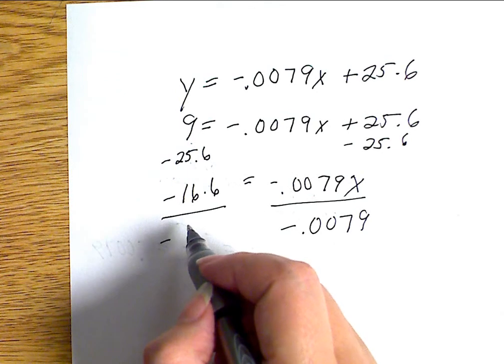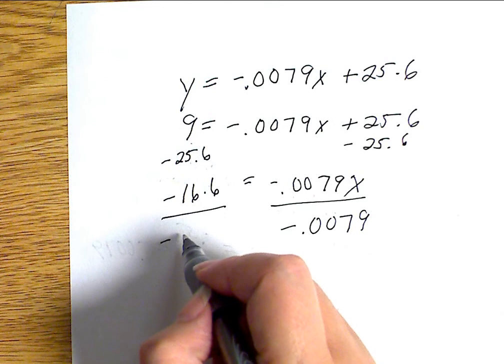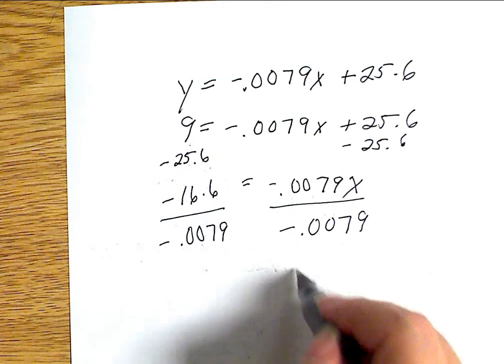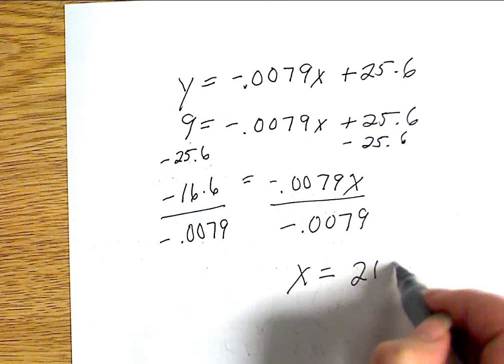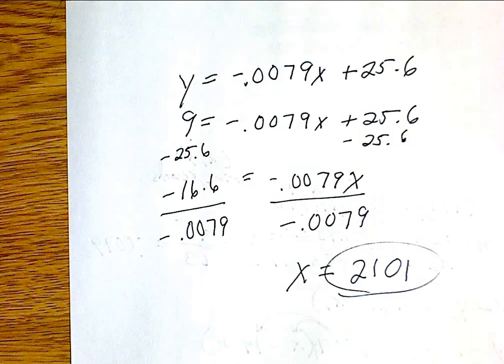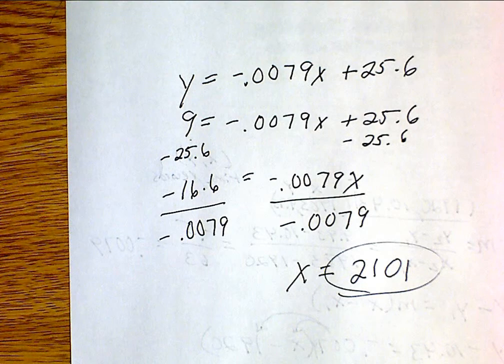Yes, 2101. So x is 2101. So in the year 2101, the record will be 9 seconds. Wow. Questions? 5 years after 9/11.